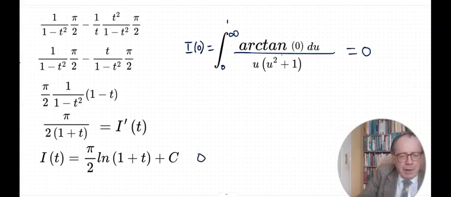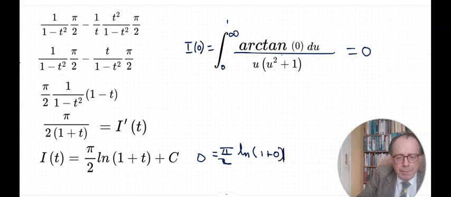So that 0 will equal pi by 2 times the natural logarithm of 1 plus 0 plus c.